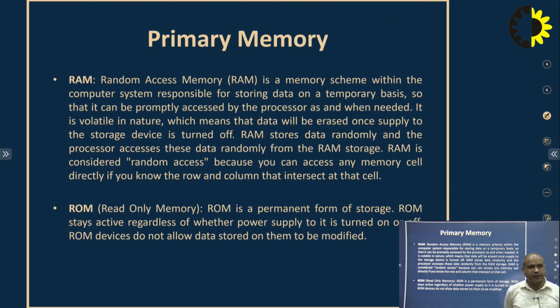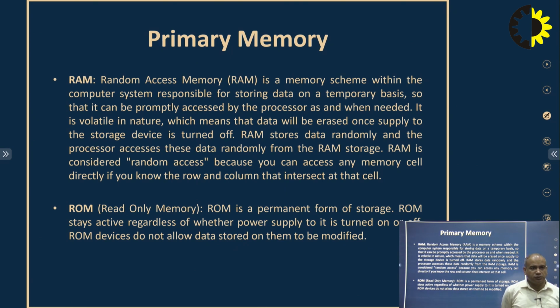So RAM is a volatile kind of memory. It is the memory scheme within the computer system responsible for storing data on a temporary basis, so that it can be promptly accessed by the processor as and when needed. It is volatile in nature, which means data will be erased once the supply to the storage device is turned off.